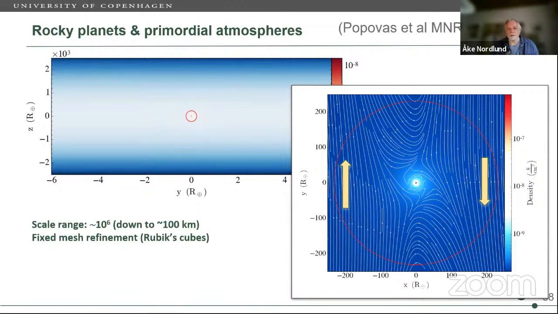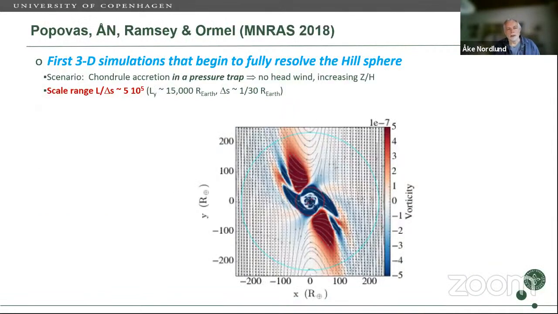And we refine with a factor of 3, not a factor of 2. If you do that, you need 7 of these hierarchy layers to get to the size of the scale height. That's affordable because you do it in this zoom way, and you can then compute the dynamics of particles inside the Hill sphere.